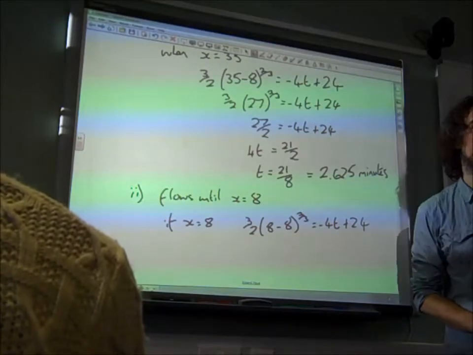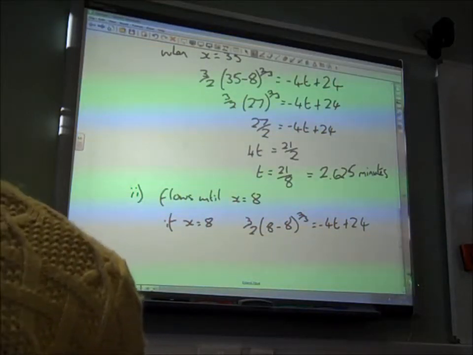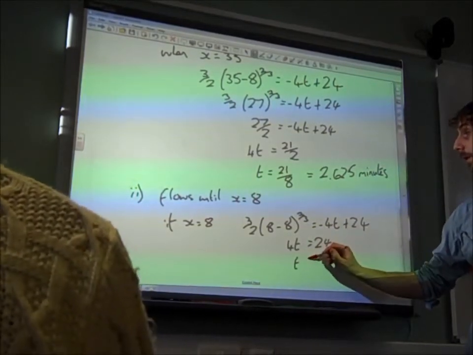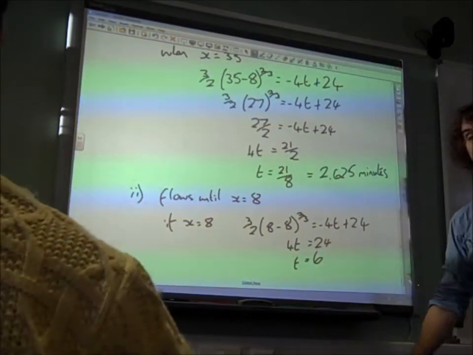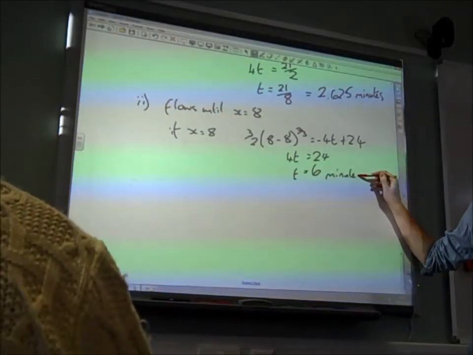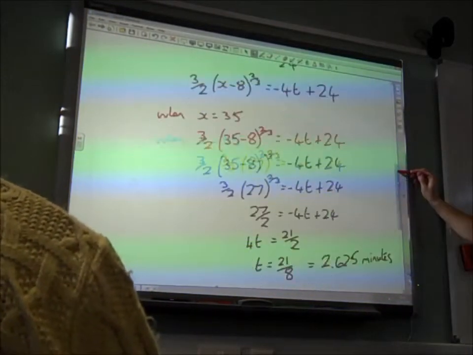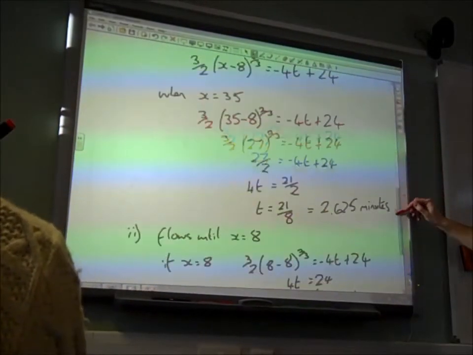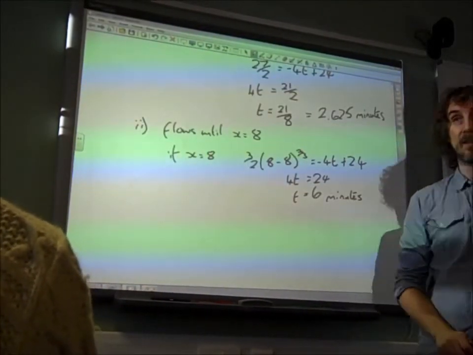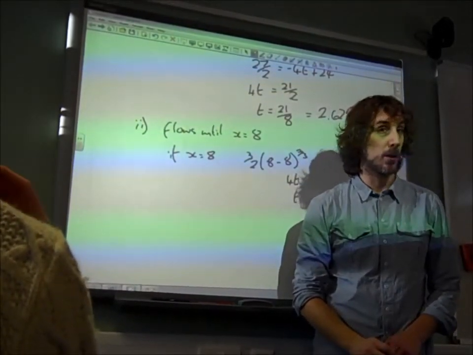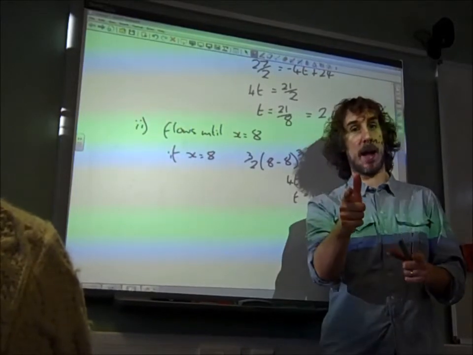So the left-hand side of that is 0, so we've just got 4t equals 24, so t equals 6. So we have 6 minutes of flow. And that's it. 3 marks there, really just for realising that you were doing it until x equals 8. That was the key. Great. And that's maths.